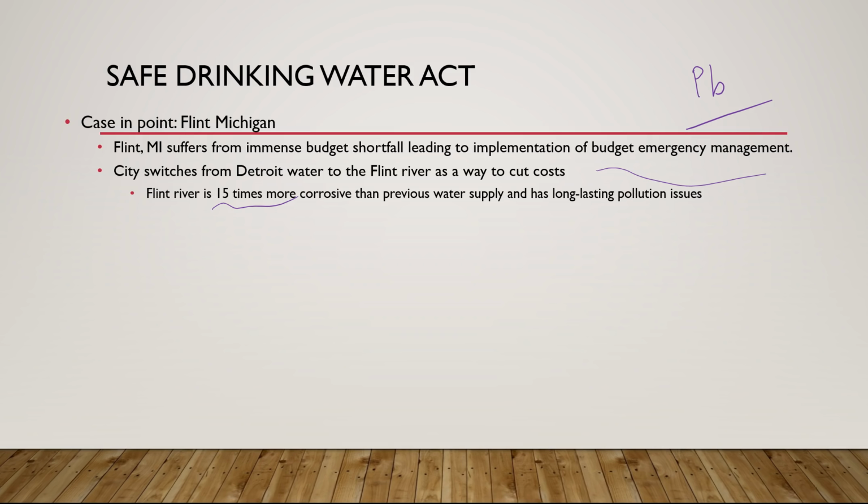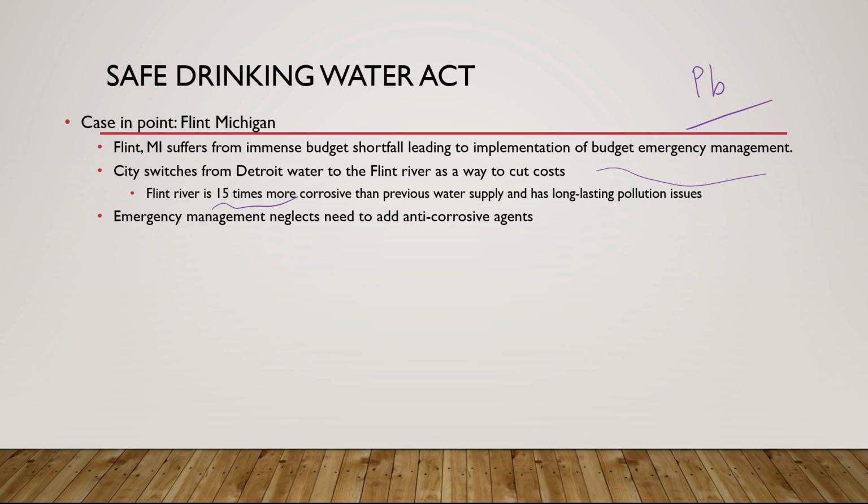The Flint River has a pH well below that of the Lake Michigan, and was therefore 15 times more corrosive. All right. Now, because of the higher corrosivity of the water, that allowed it to leach more of that lead out of the pipes than the Lake Michigan water would have.